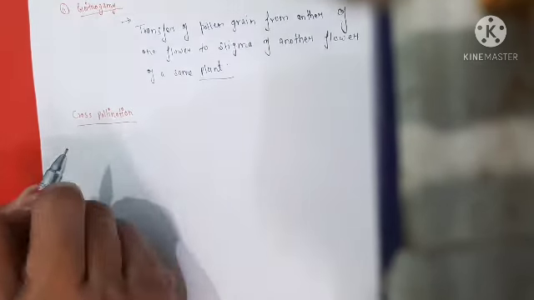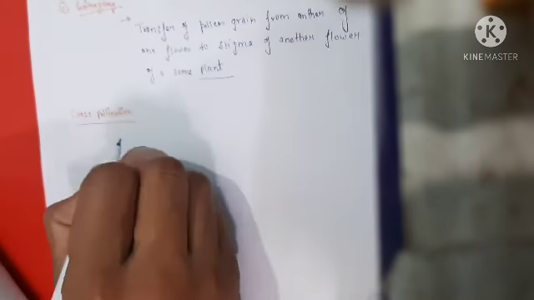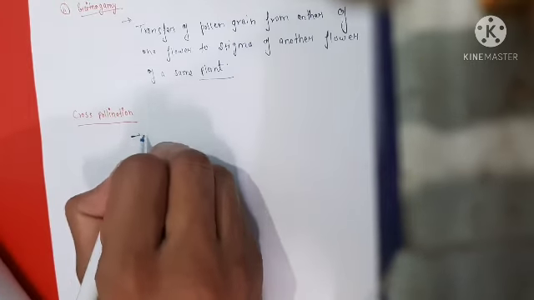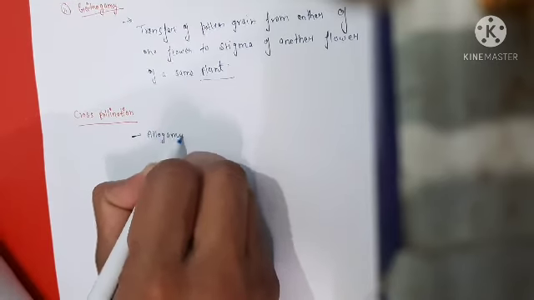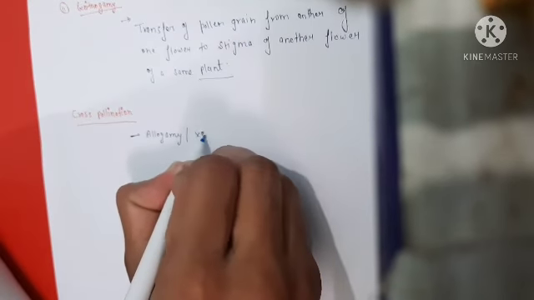So friends, what is cross pollination? It means transfer of pollen grain from anther to stigma of another flower of a different plant of the same species. Cross pollination is also called allogamy or xenogamy.